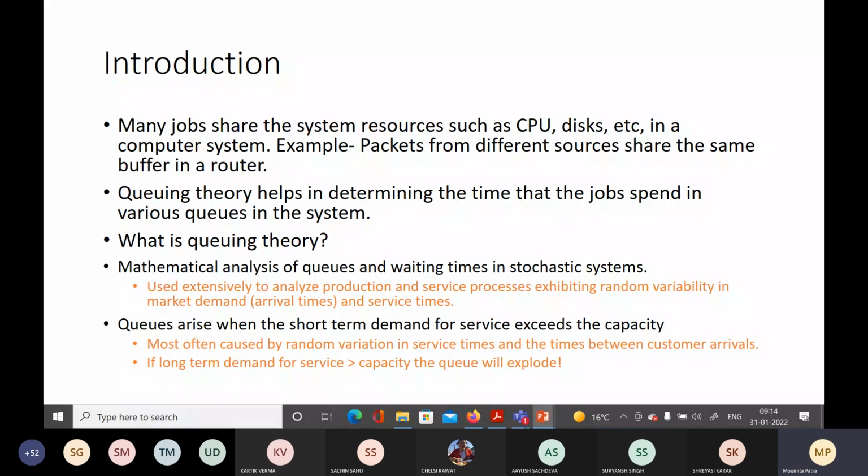Again, if you take the example of an airport, it also depends on how many people are arriving at the counter and how fast the people at the counter are serving them. This will lead to the creation of a queue.